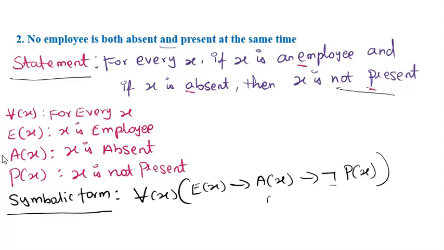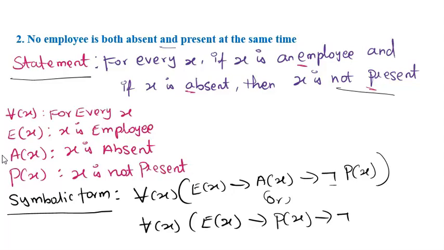Or you can write another version also: if present, then they are not absent. Universal quantifier symbol, E of x, x is an employee, implication, if they are present, definitely not absent, A of x, close bracket.